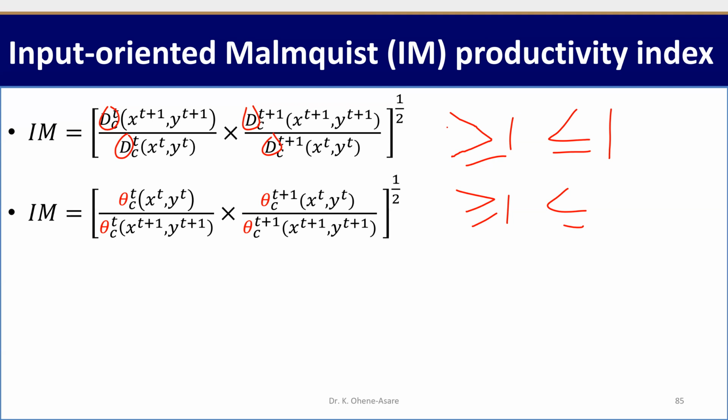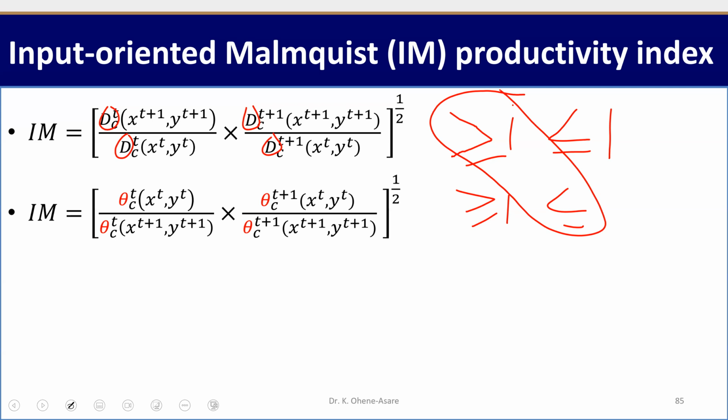So what does it mean here when the value is greater than or equal to 1? Is that the first equation you chose? Yes, for the first one. Michael, is that what you chose? Yes. Okay, so what does it mean?